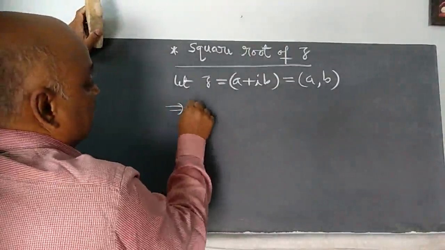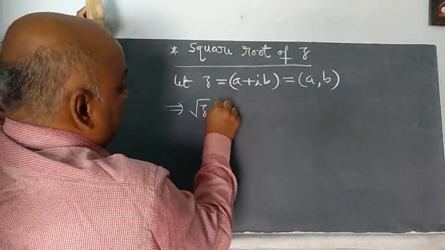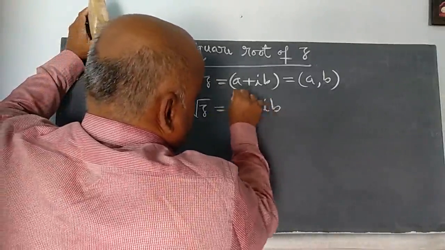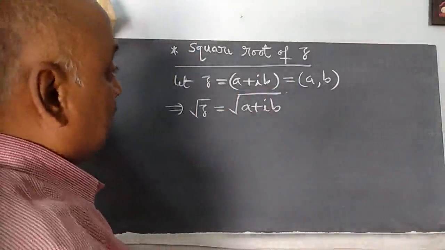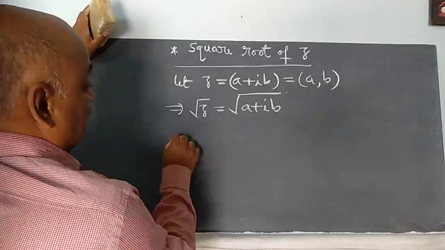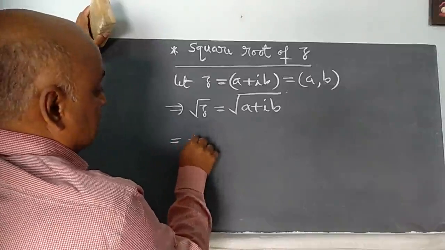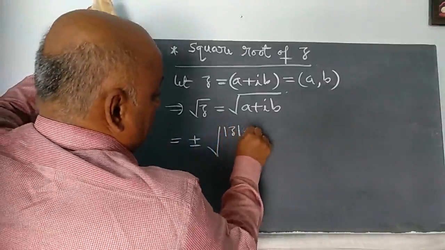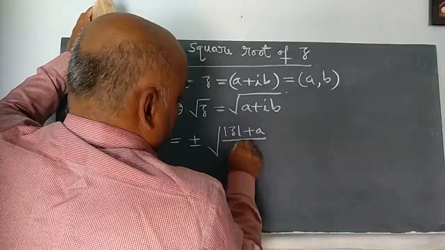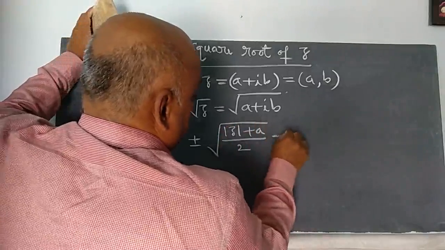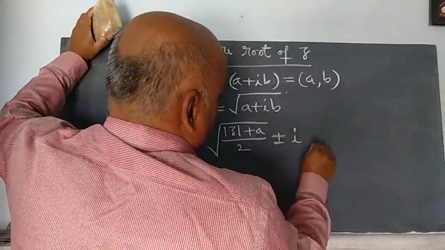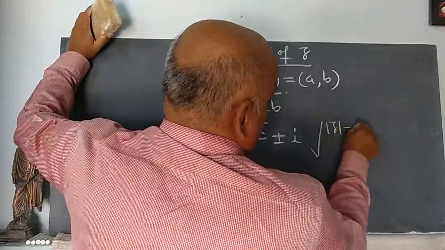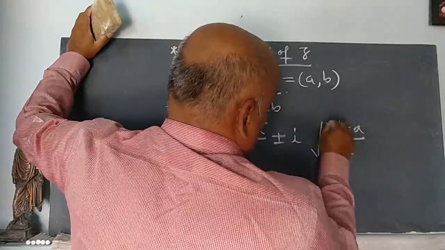This implies the square root of z equals the square root of a plus ib, which equals plus or minus the square root of (mod z plus a) by 2, plus or minus i into the square root of (mod z minus a) by 2.